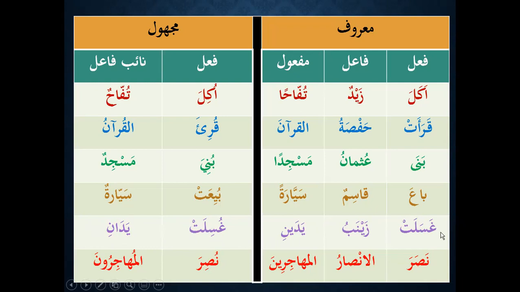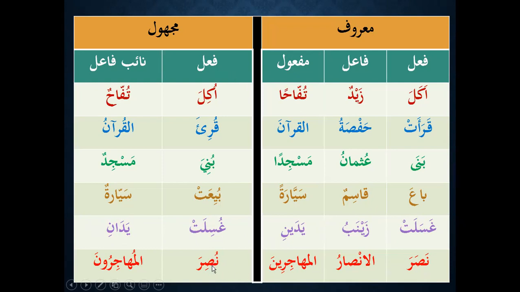Ma'ruf, majhul, active, passive. Nasara al-Ansaru al-Muhajirin. Ansars helped Muhajirin. Muhajirin is maf'ul, that's why it is in majroor, mansoob state. Muhajirin, una, ina, ina. Majroor and mansoob are the same state in appearance.